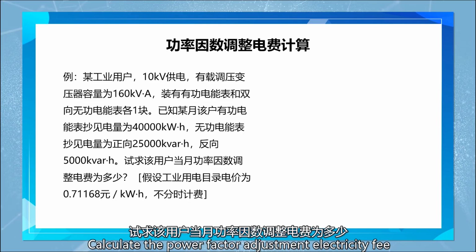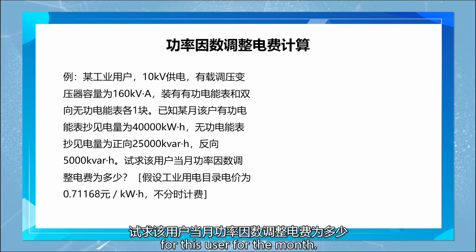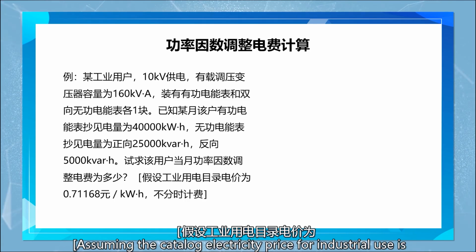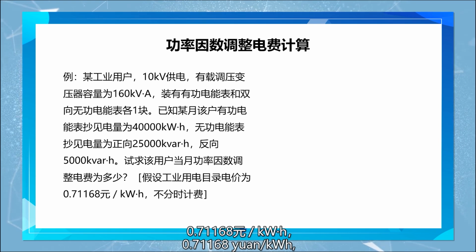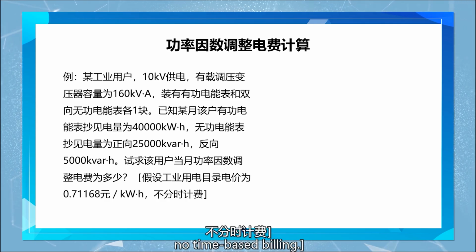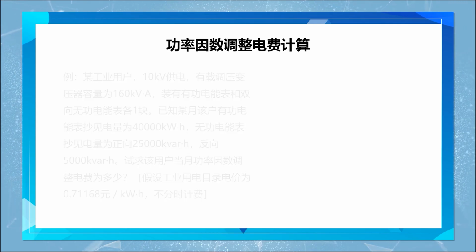Calculate the power factor adjustment electricity fee for this user for the month. Assuming the catalog electricity price for industrial use is 0.71168 yuan per kilowatt-hour, no time-based billing.